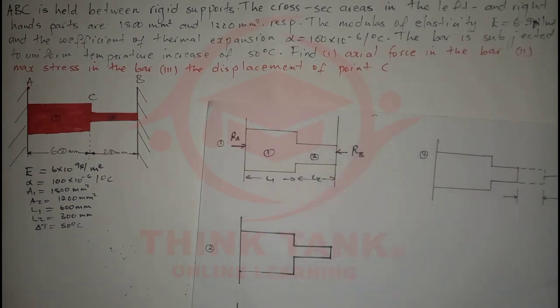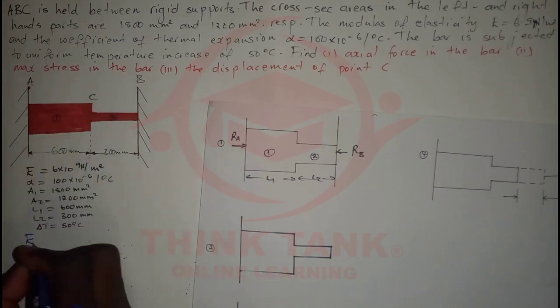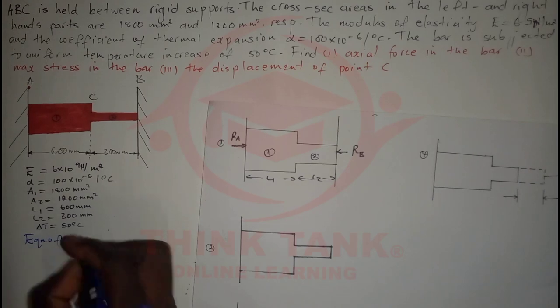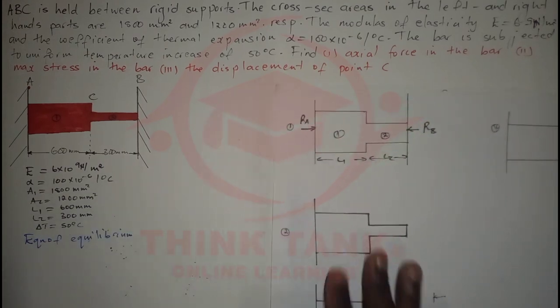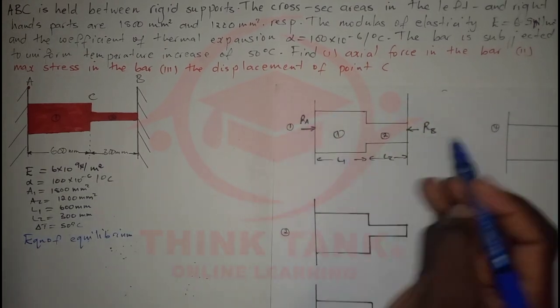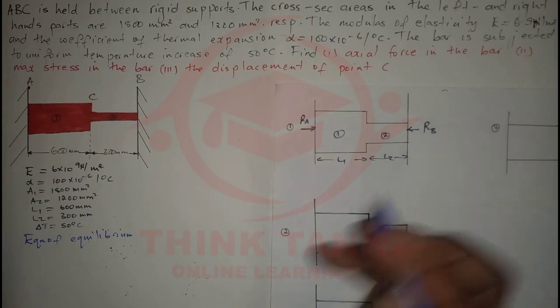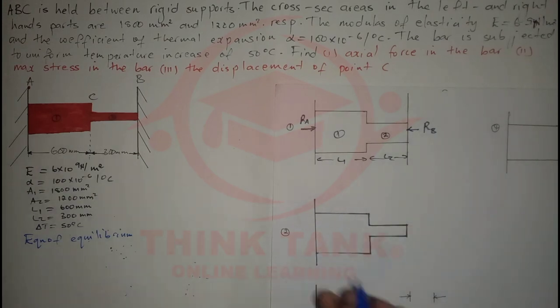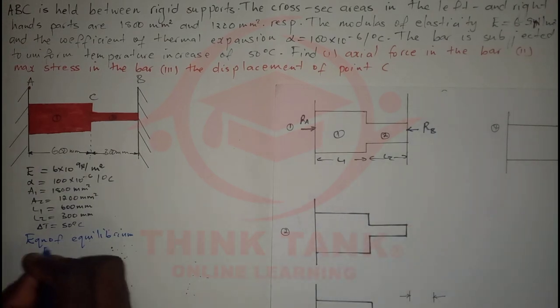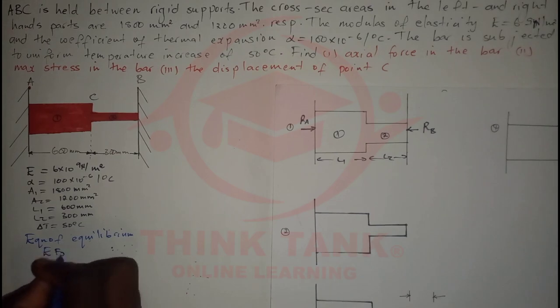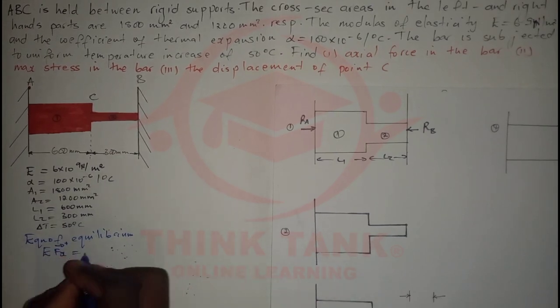From here I'm going to apply the equation of equilibrium. Since I know that this bar is not moving, how many forces do we have? We have RA in this direction and RB in this direction. So I'm going to resolve along the x-axis. The sum of the forces acting along the x-axis, taking the right side as positive, should be equal to 0.